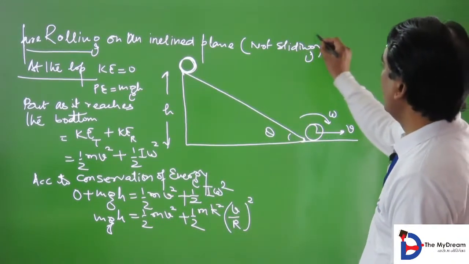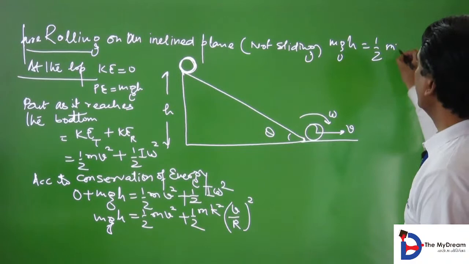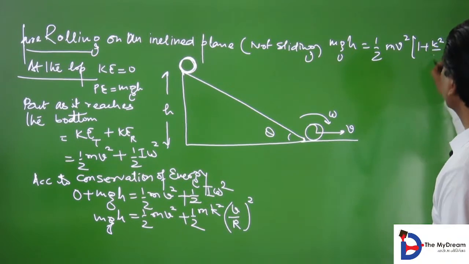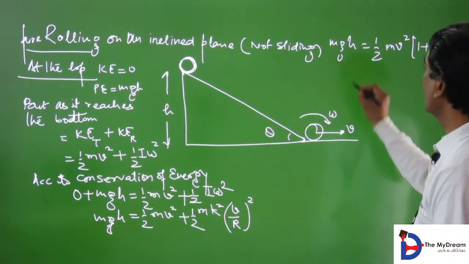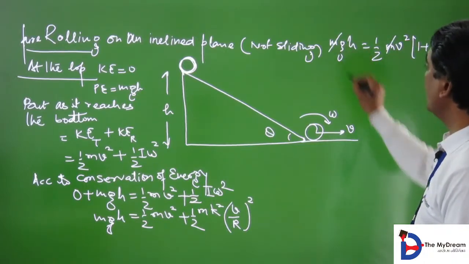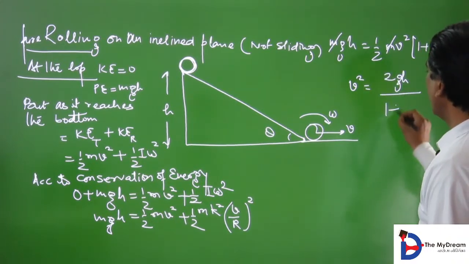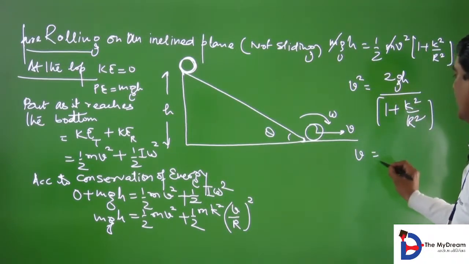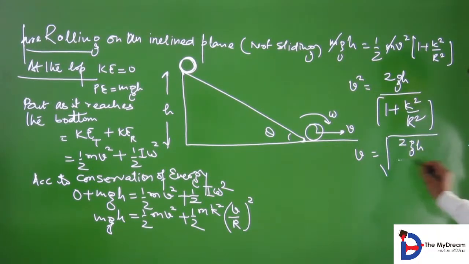So mgh is equal to half mv square times 1 plus k square by r square. So v square is equal to 2gh divided by 1 plus k square by r square, and v is equal to square root of 2gh divided by 1 plus k square by r square.